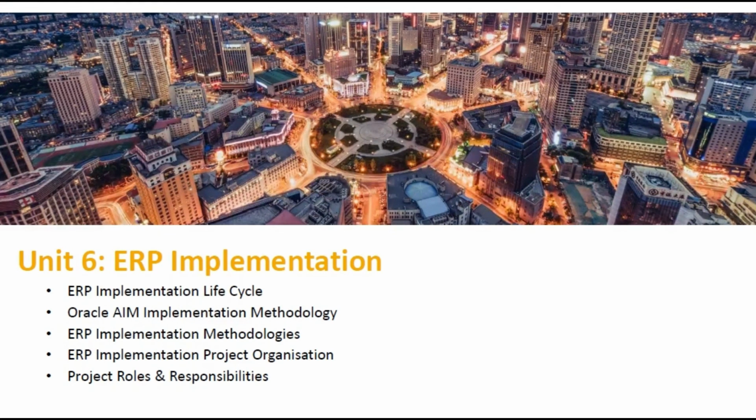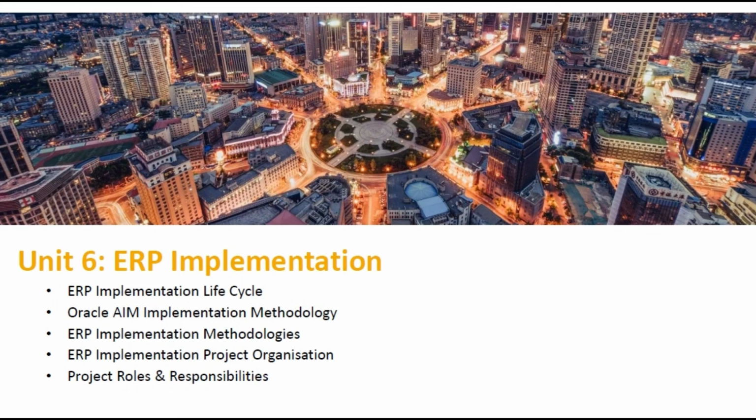Similarly, an ERP implementation also has a roadmap, which is called the implementation process. The ERP implementation lifecycle is more or less similar across the different technologies like SAP, Oracle, Microsoft, with different terminology and naming conventions.